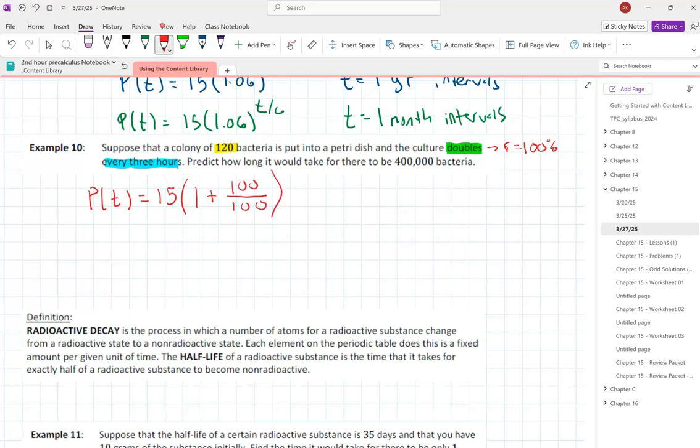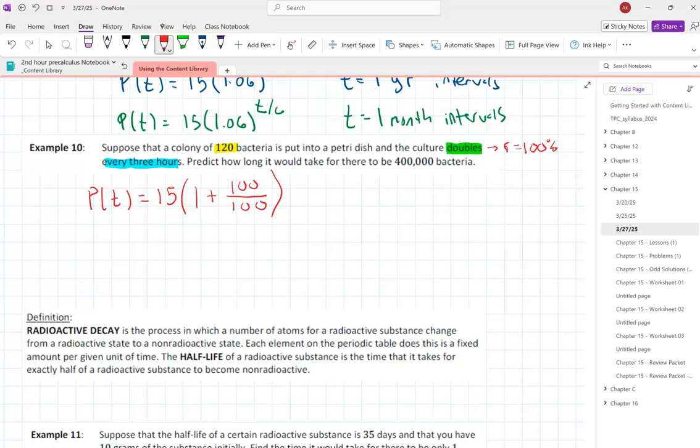Now, what do we want our t measurement to be in terms of what unit, do you think? Again, it doesn't really matter. We just need to make sure that we're picking something and being careful about it. So what unit of time though? Hours. I would just do it in hours.